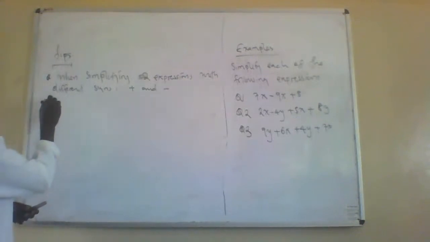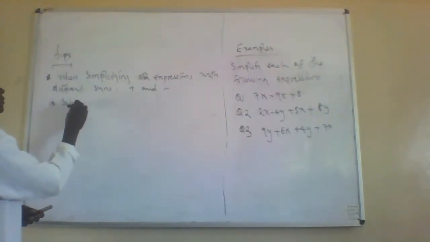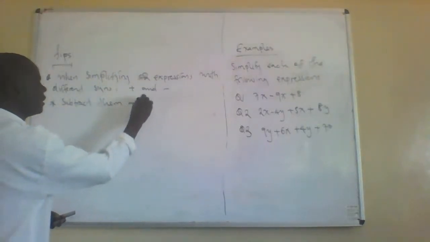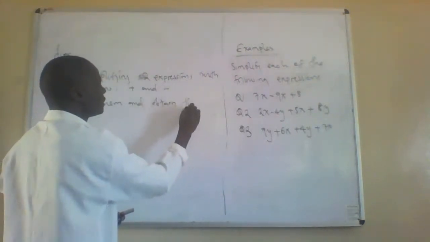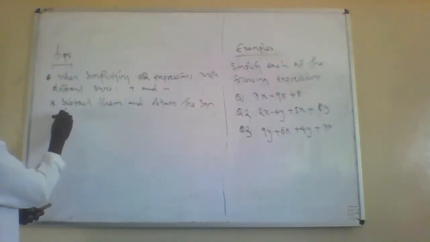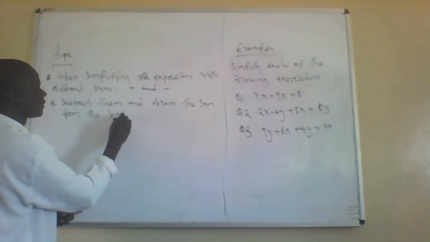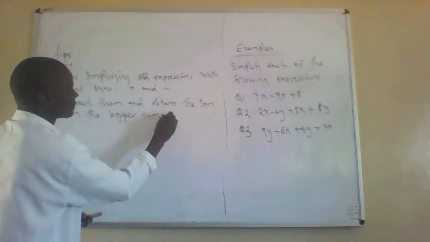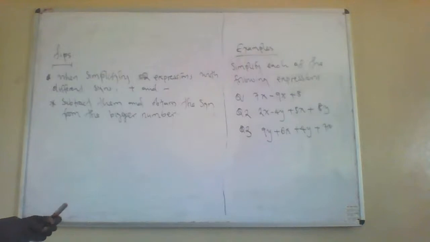What are you supposed to do? All you have to do is subtract them and obtain the overall sign from the bigger number. This tip is very important. It's going to guide us and help us go through.